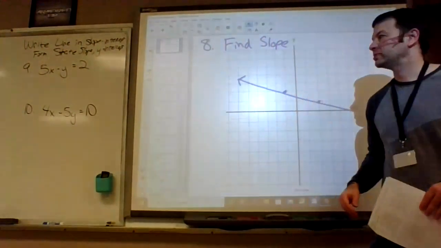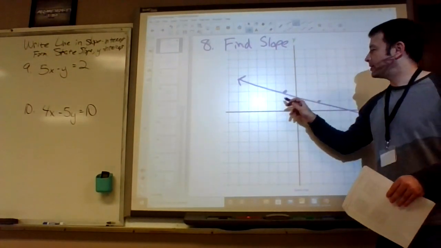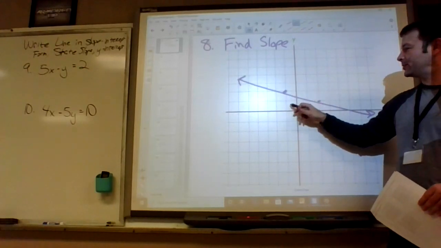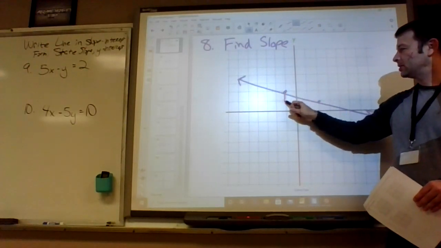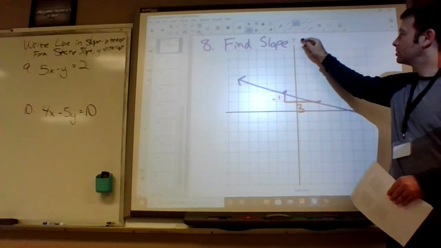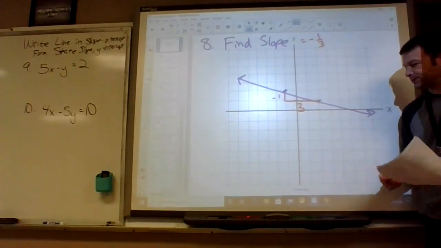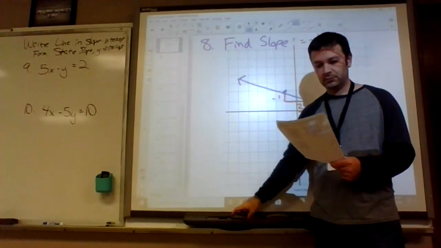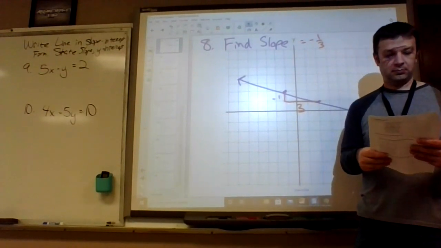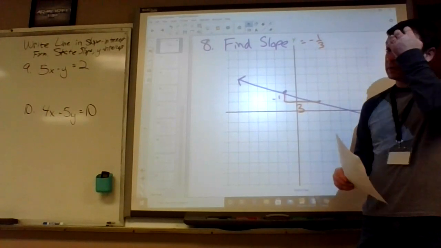For every equation, you have to do those. What, Ava, what is the slope of this line? Negative 1/3.